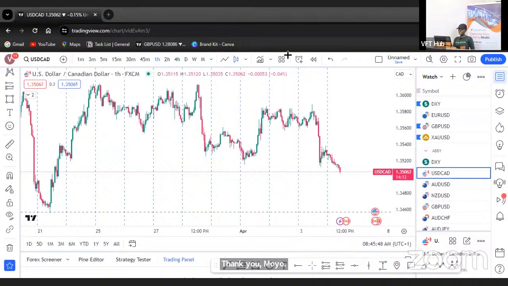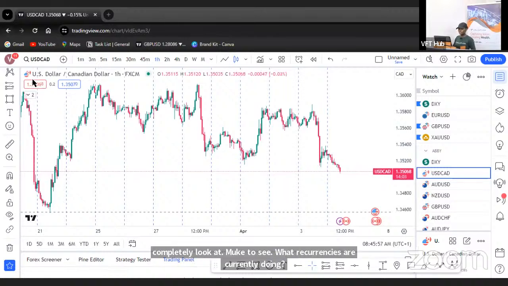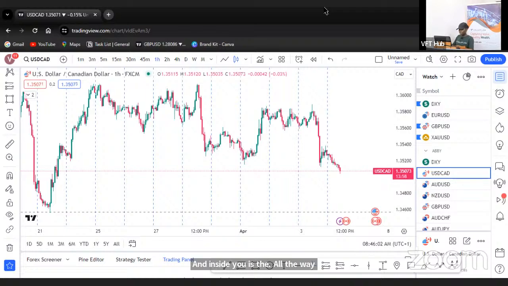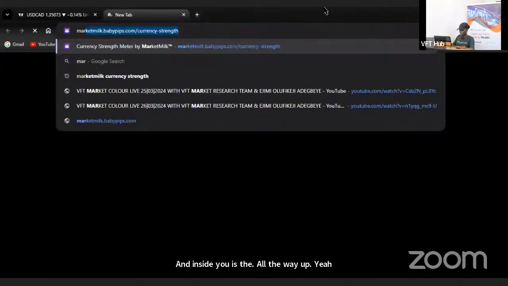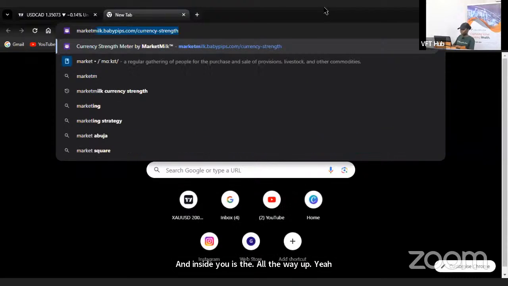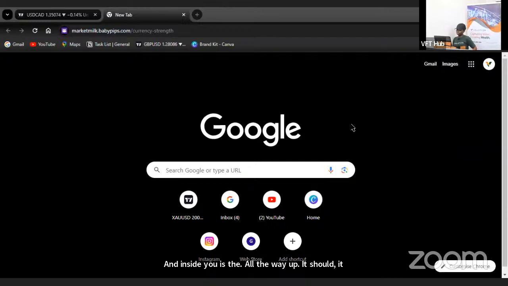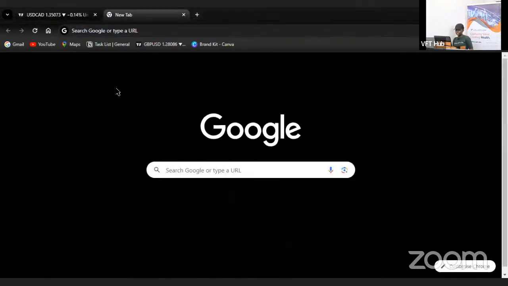So we can quickly look at market milk to see what the currencies are currently doing. I'm pretty sure because of the bull moves we've been seeing, you'd see that AUD and NZUSD are all the way up. It should be strong on our weekly time frame. Sorry about that, it's loading.